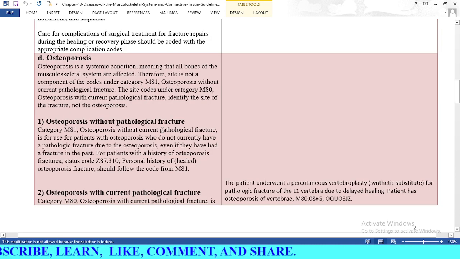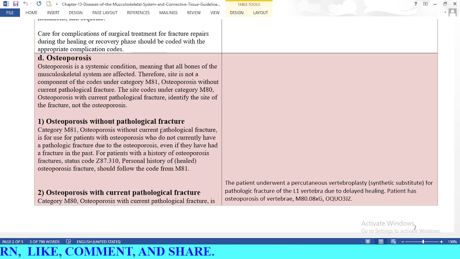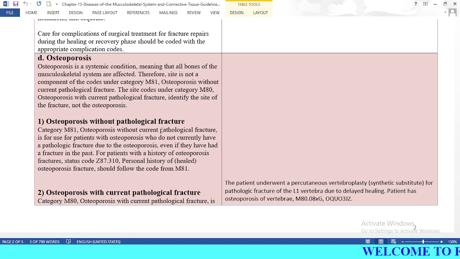Next guideline, osteoporosis. What is meant by osteoporosis? Osteoporosis is a systemic condition, meaning that all bones of the musculoskeletal system are affected. So it is basically a systemic condition. Anywhere we can get osteoporosis. Therefore, site is not a component of the codes under M81, osteoporosis without current pathologic fracture.